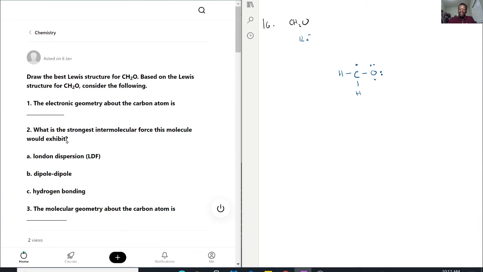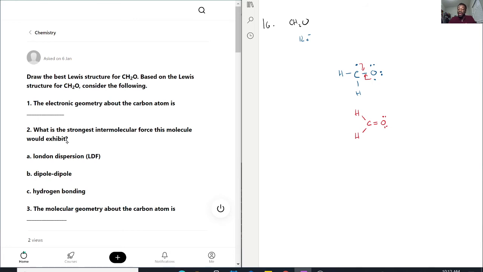So that being said, these two here should come together to form a double bond. So what we really have, as the most stable structure, this is what we would get for CH2O.